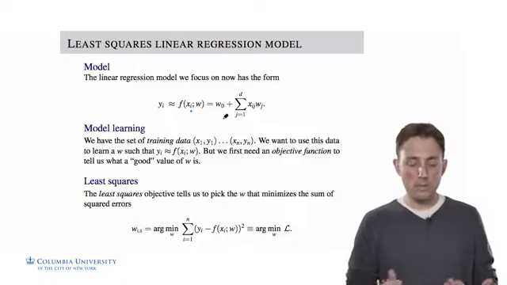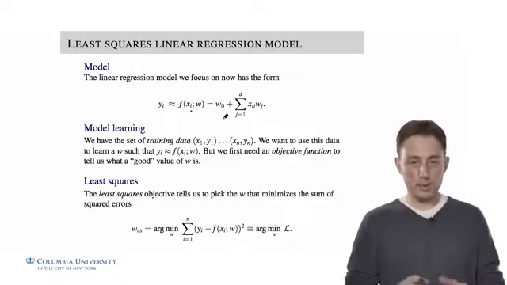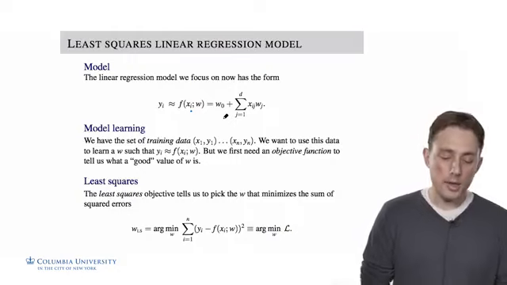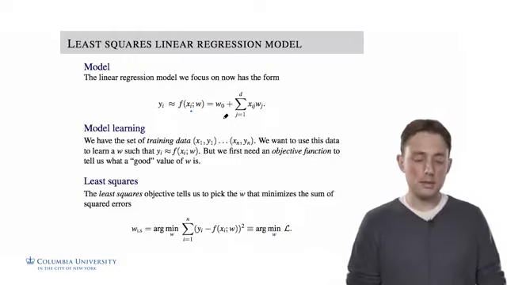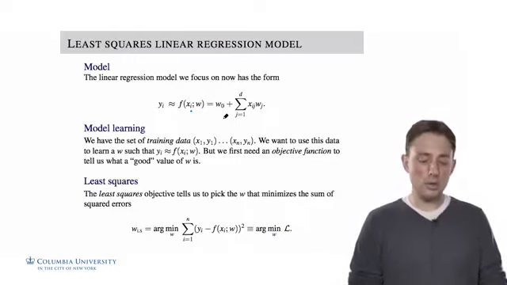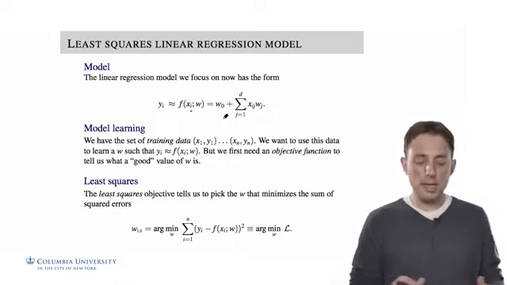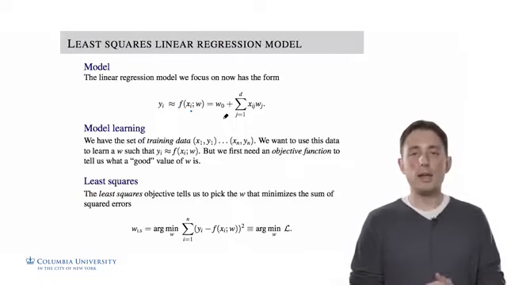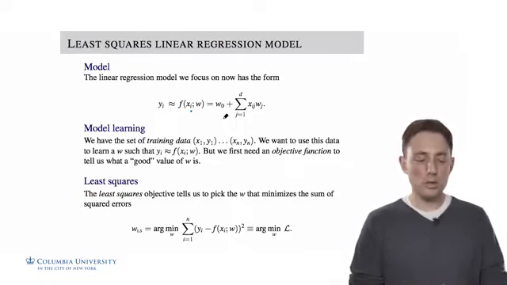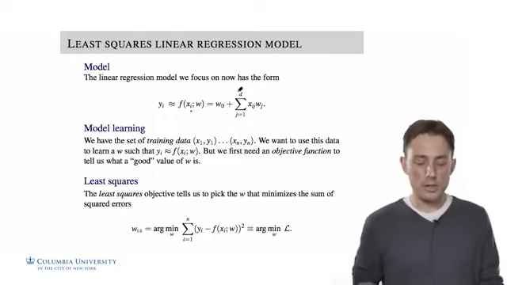And now the goal, and this is pervasive throughout machine learning, is to use this data to learn the vector w such that we can make predictions or approximate outputs according to that function. So what does it mean to find the vector w? How can we find these values for w that give us this prediction according to this linear function?